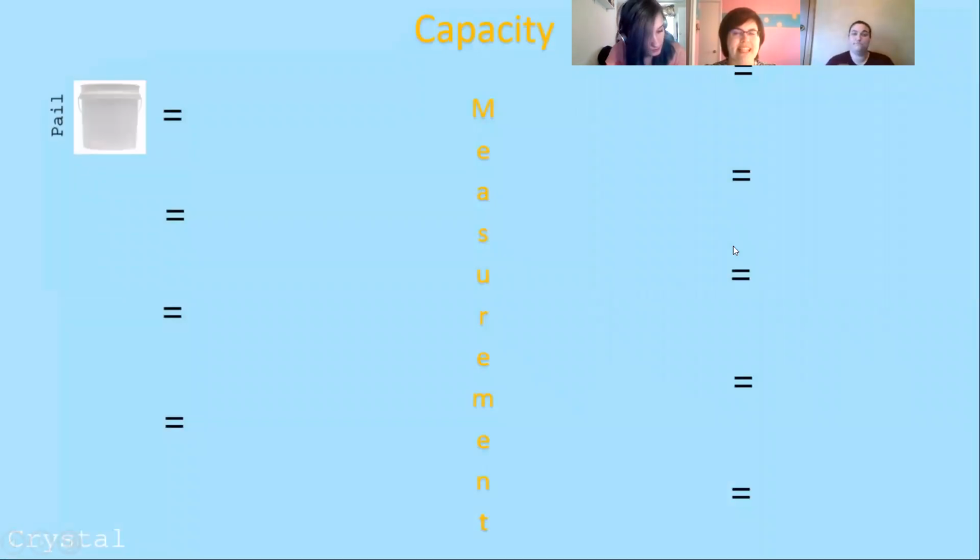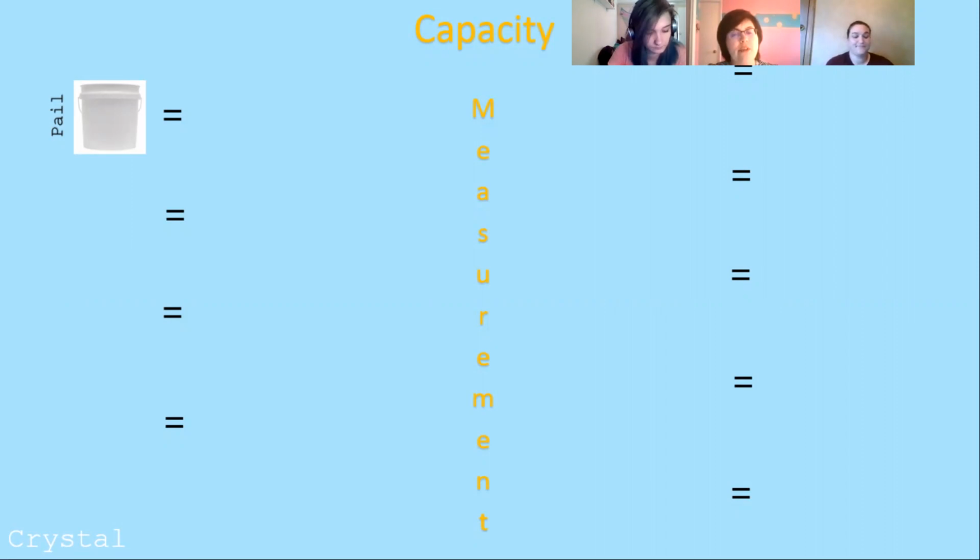Okay, so can anyone explain what the doubling system of the capacity of measurement is? I can, Kat. I'll help you with that. So, what is the first thing that you think of when you hear the word doubling? Multiplying by 2? Yes.